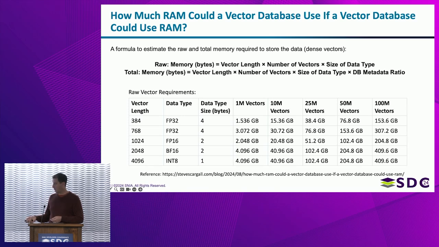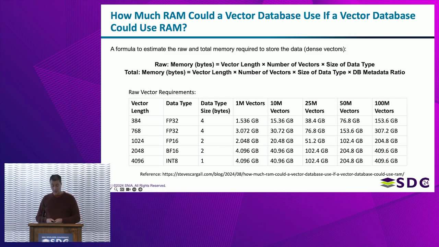Some of these are pretty common, 768, 1536 are pretty common for text generation models these days. You can look at the data types. Again, quantization is a popular way of reducing the memory footprint, trading off the quality of the results that you're going to get back. And then what happens if I look at 1 million vectors up to 100 million vectors? How much memory am I going to need in all of this, right?